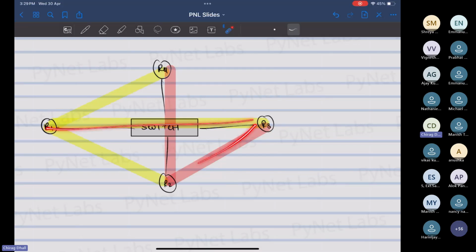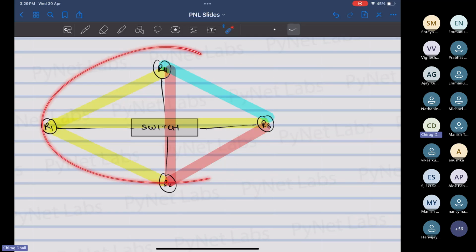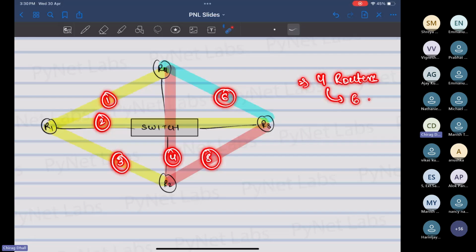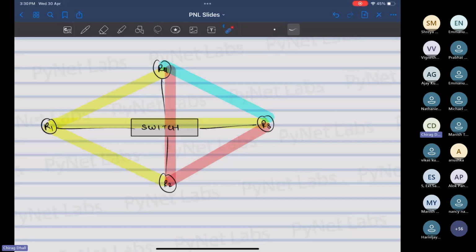With R1 and R2 I already have a neighborship, so I will just create a neighborship with R4. If we count the number of neighborships established for four routers, it's 1, 2, 3, 4, 5, 6. So four routers would operate with 6 neighborships.